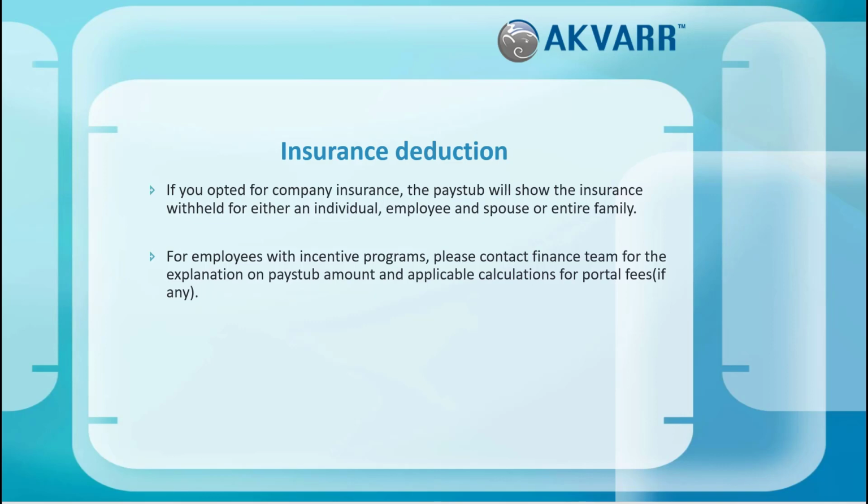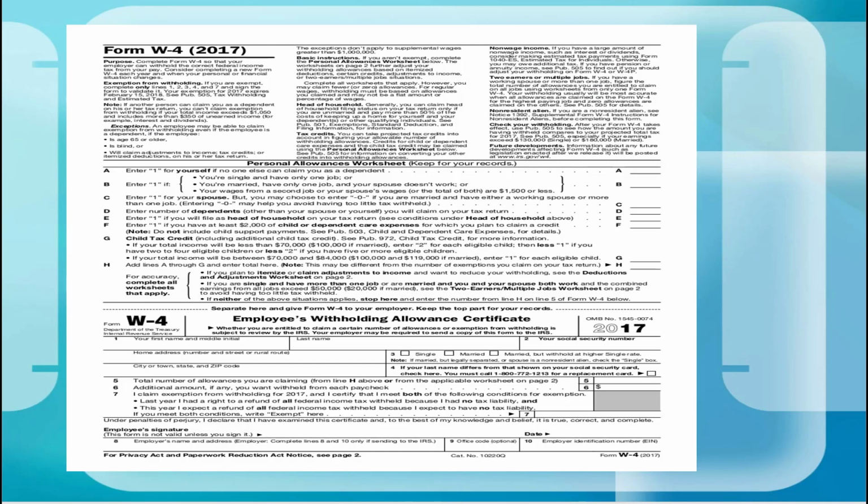Now, before a pay stub is generated, early on, a W-4 form is filled out by the employee. A W-4 form is the form that tells the company how much tax needs to be withheld. If you view this form closely, you can see there's a top portion that's the personal allowance worksheet.